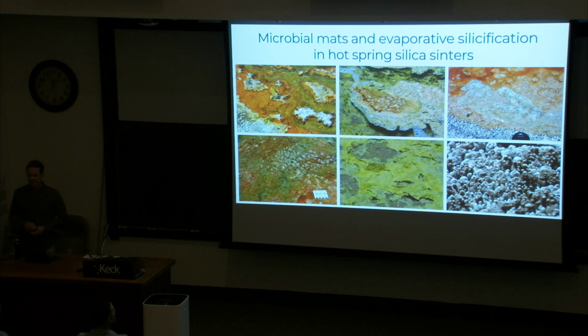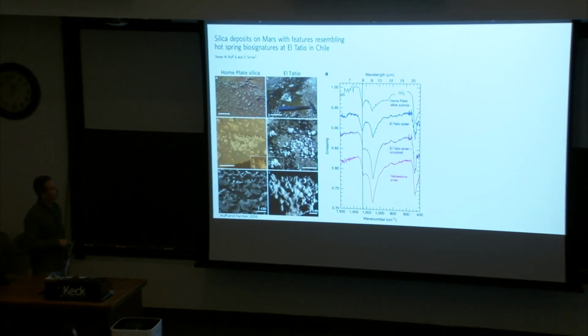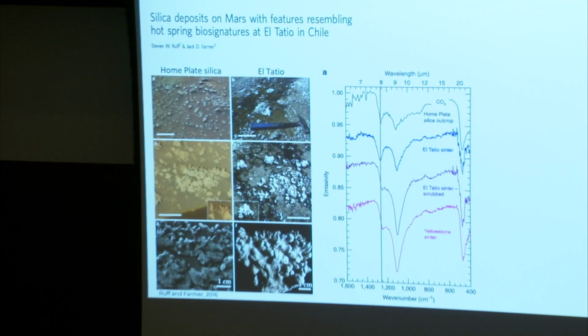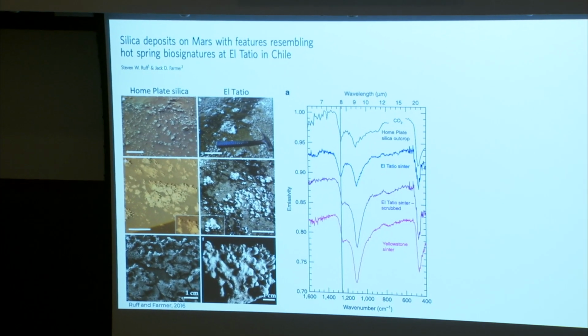Other really interesting structures are these little knobby structures that people call digitate structures. These are interesting because a few years ago, Ruff and Farmer described similar structures on the surface of Mars. So these are images of the Martian surface, and these are images from El Tatio in Chile, and they have similar spectral characteristics.